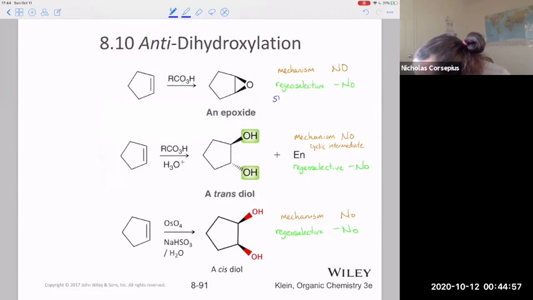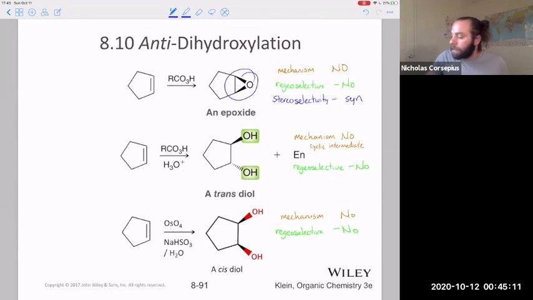In terms of stereoselectivity, for the formation of the epoxide, that would be a syn, right? That oxygen has to be bound to the same side because you're going to form that tight three-membered ring. If you follow that epoxide up with an acid, the stereoselectivity is now the anti-addition, right?